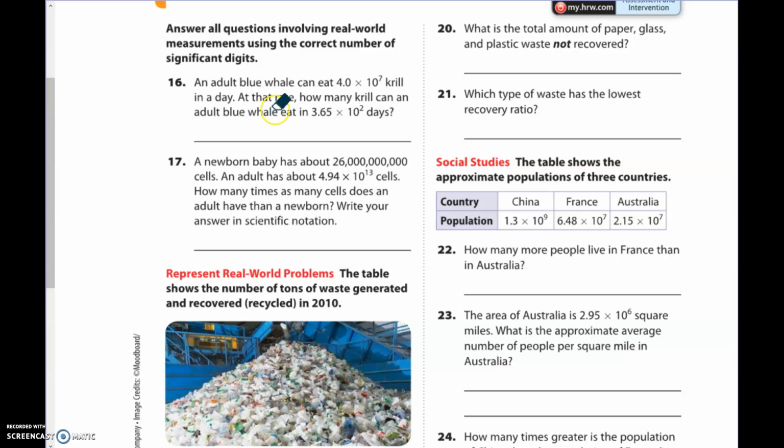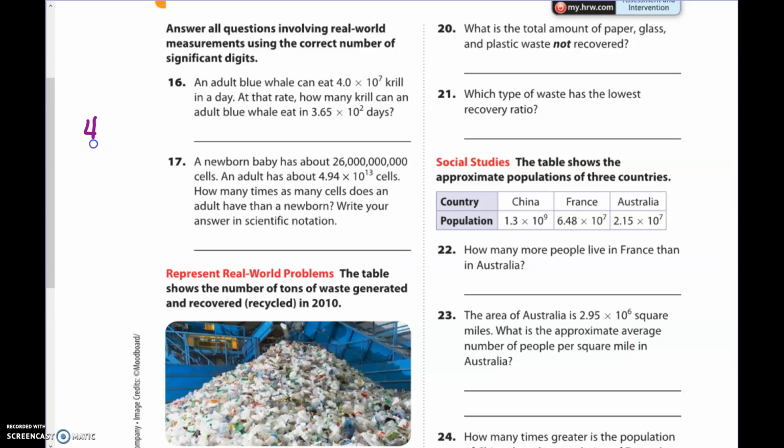At that rate, how many krill can an adult blue whale eat in 3.65 times 10 to the 2nd days? So it's kind of like saying you eat 5 pounds of food a day. How many pounds do you eat in 10 days? How many total pounds did you now eat? So we would multiply those 2 numbers together.